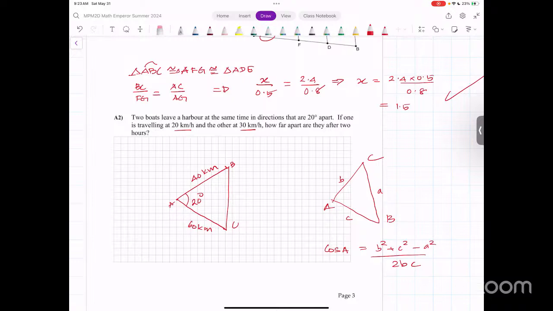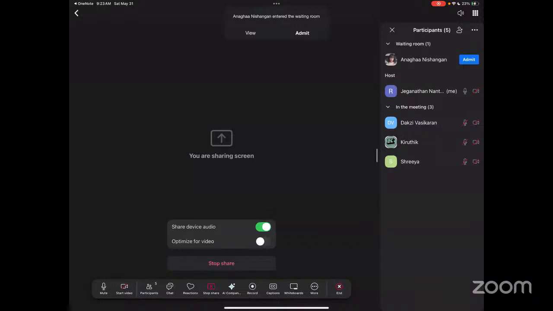Sign in to start. But Kritik was able to join in. Can you sign in with the Zoom? Oh, she's coming. Anna's coming.